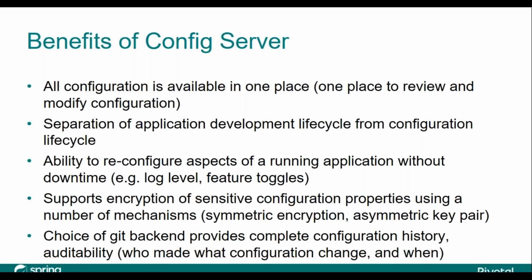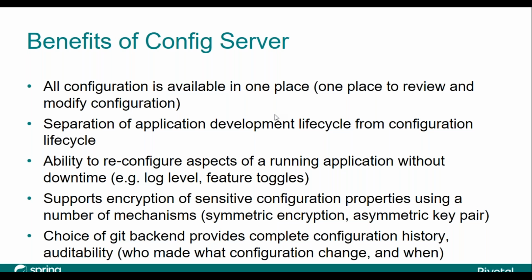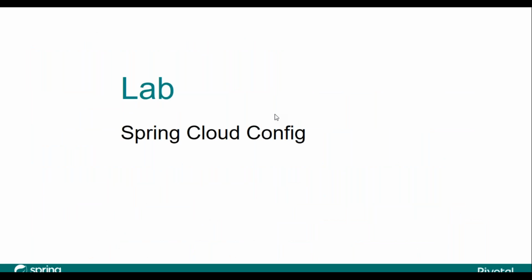And there is a choice of Git backend, which provides complete configuration history, which is auditability, that is who made a configuration change and when it has been made. All those things you would be able to get. So this is all about the theory part of your Config Server, Spring Cloud Config, as well as Spring Cloud Bus.